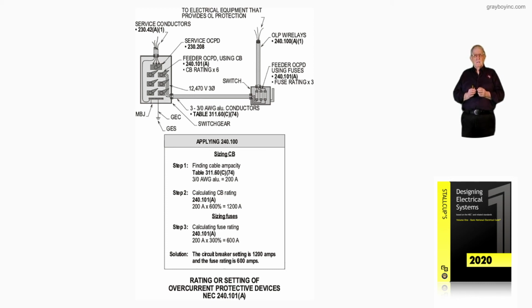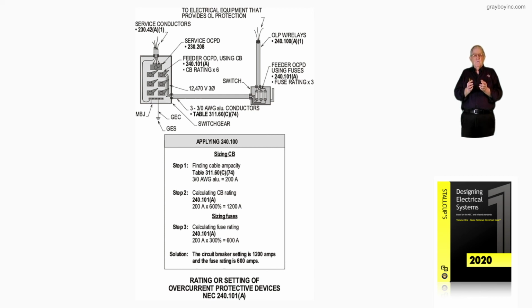And notice the difference: 600% for circuit breaker settings, but only 300% for fuses. That's the same for transformer protection. So it goes together to allow the same percentages.